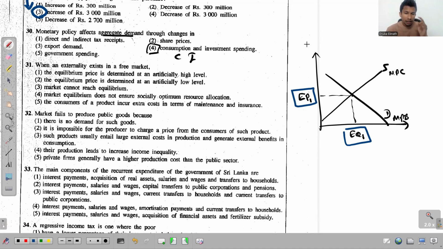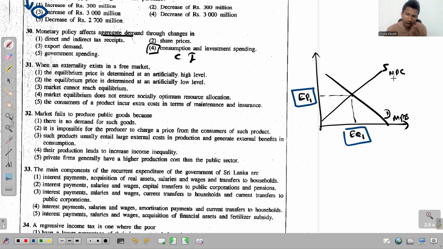The reason is, the socially optimum price and the quantity is derived based on the supply curve that is drawn based on marginal social cost and based on the demand curve that is drawn under marginal social benefit.